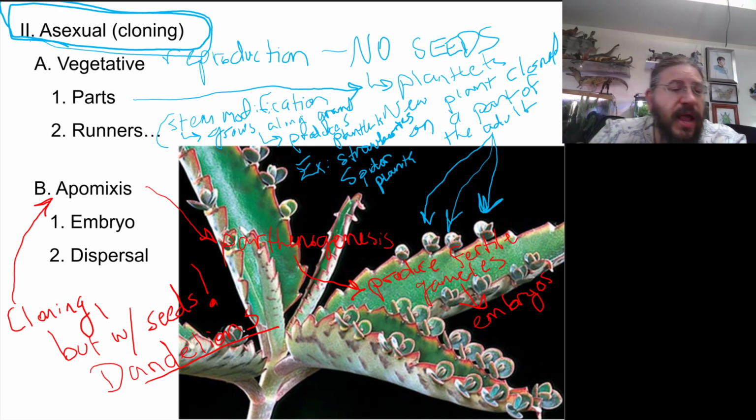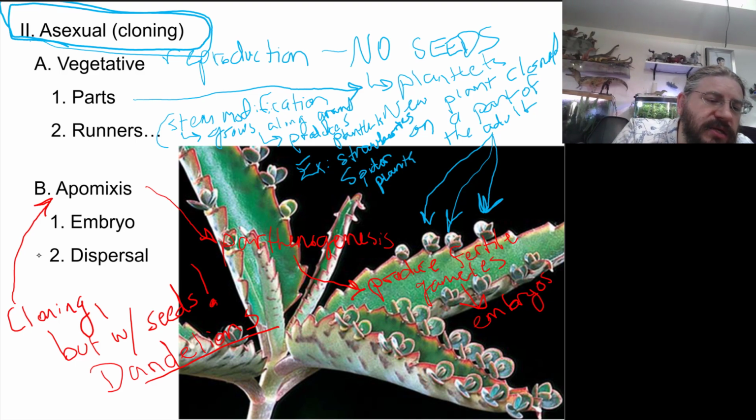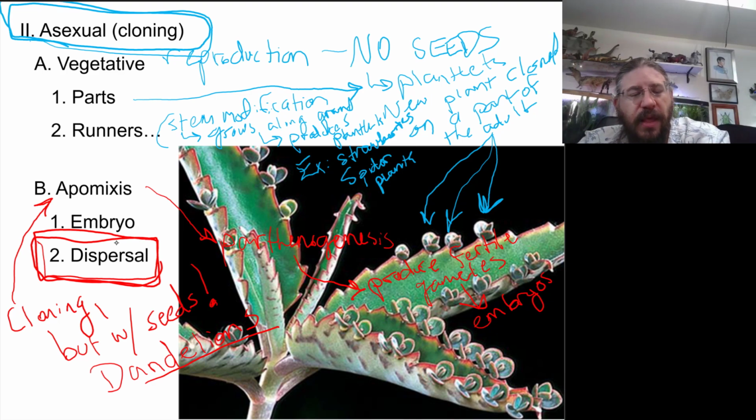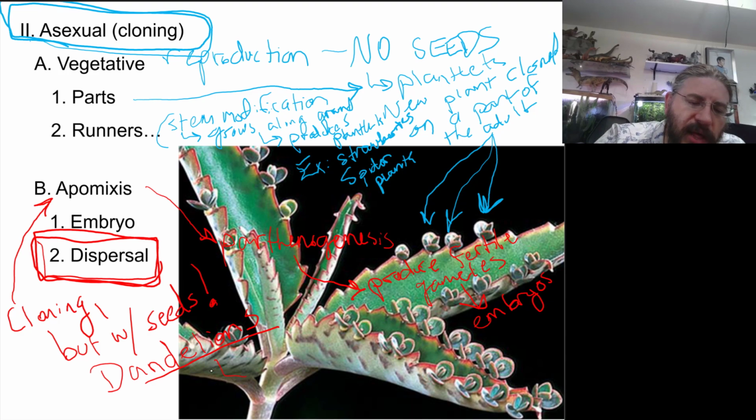Well, in angiosperms and gymnosperms, but this is all about angiosperms, seeds are the mechanism of dispersal. In vegetative cloning, your best method of dispersal is a runner, and that can really only go so far. Here we're able to produce seeds, and seeds can have adaptations for dispersal. See dandelion poof balls.